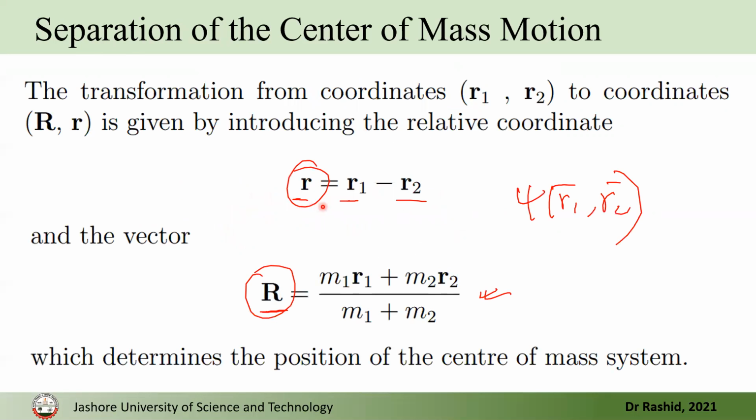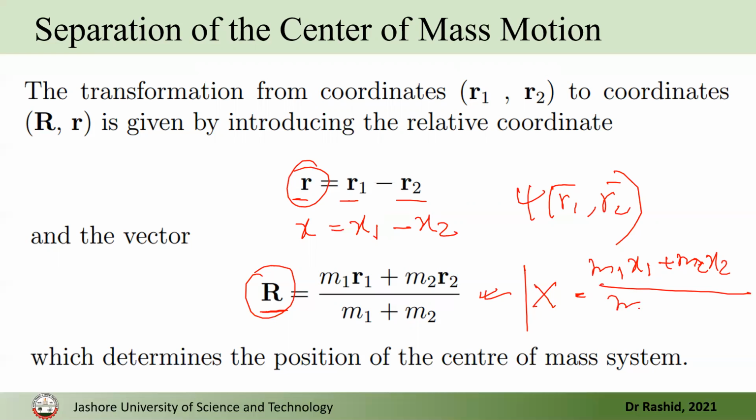Now, from here, we have r equals R1 minus R2. If we take the x component, small x will be x1 minus x2. And from here also, if we take X, it would be m1 x1 plus m2 x2 divided by m1 plus m2.